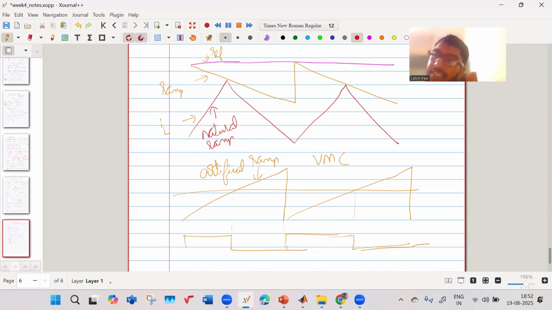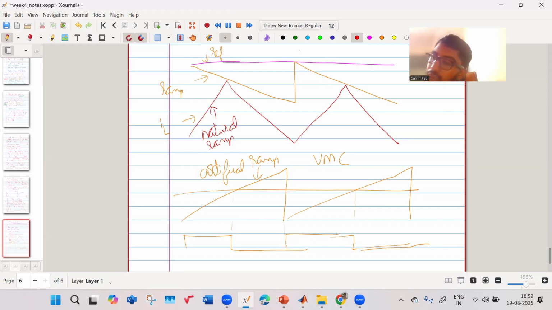But when you're increasing the ramp, you're adding a bit of artificial ramp. And if that artificial ramp value is very much, then mathematically they have proved, it is documented also, that it will slowly become like voltage mode control. That means the effect of your inductor current is lesser and it is more due to that artificial ramp.